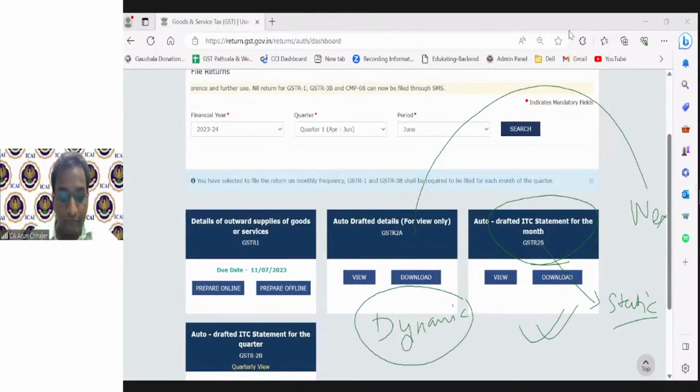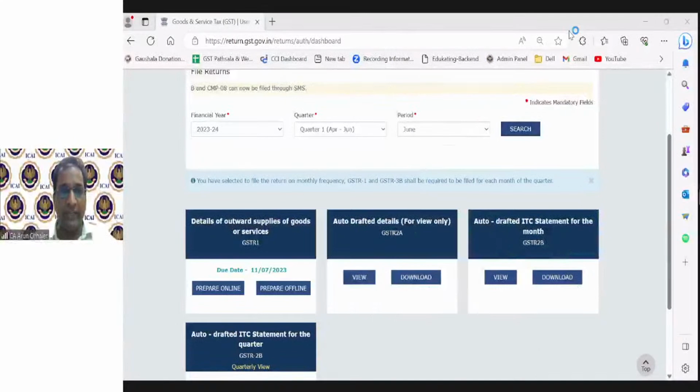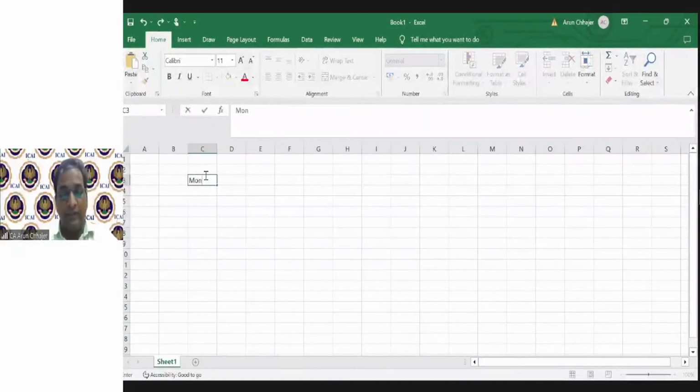एक बार चार्ट के माध्यम से हम समझ लेते हैं. Let me open that Excel sheet and then also let me discuss. Let's say I'm talking about a monthly taxpayer. Mr. A is filing the GSTR1 for the month of July. What is the due date for July?